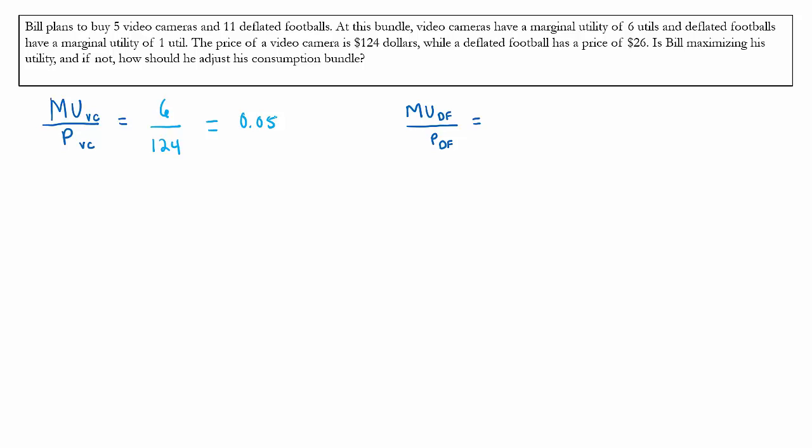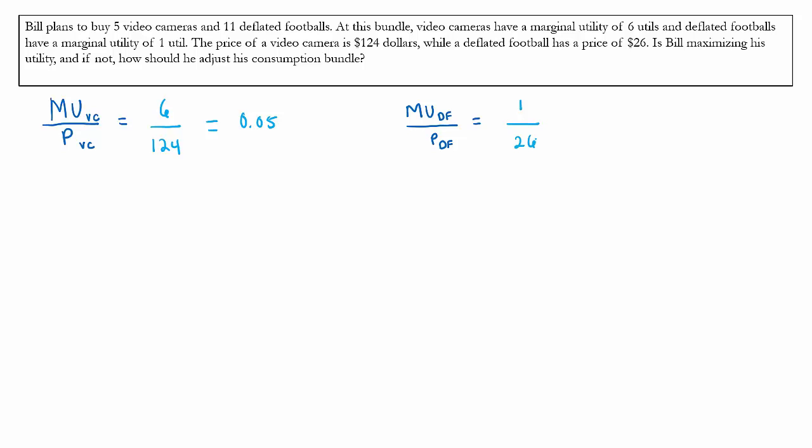That means for every $1, for every buck that Bill puts towards a video camera, the bang, the reward, is 0.05 additional utils of happiness. Now, compare that to the bang per buck he gets from a deflated football. The marginal utility of a deflated football is 1, and the price of a deflated football is 26.